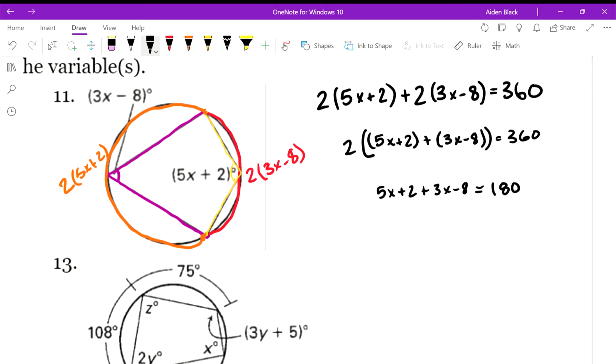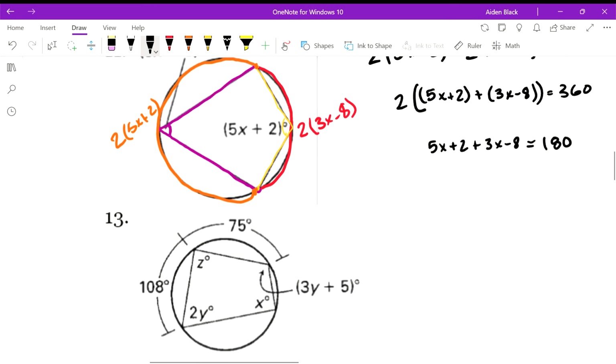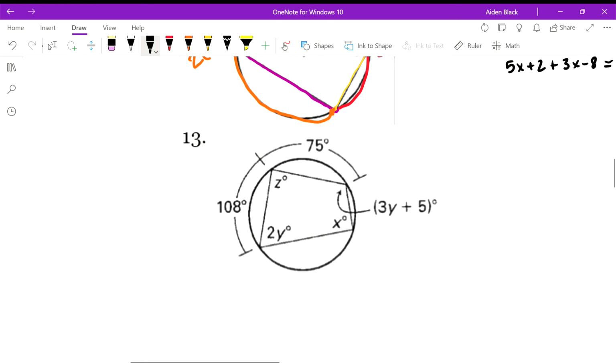So what you'll notice is that those two angles, opposite angles of these quadrilaterals that are inside of the circle, are supplementary. Okay, so that's reliable. Like right here. You know that 2y plus 3y plus 5, 3y plus 5 plus 2y equals 180.